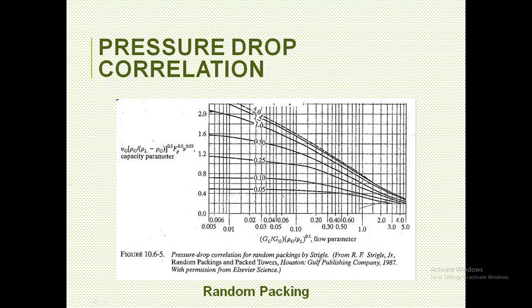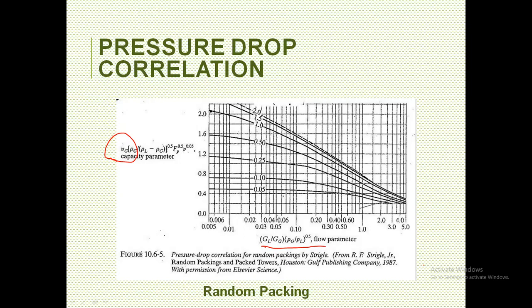For you to be able to know the very important linear velocity when your column is said to be flooded, you first need to determine the flow parameter. You can see here that your flow parameter needs the molar flow rate ratio of the liquid and the gas phases, and their densities. So you need to get the density of your liquid and vapor phases. This GL over GG can be taken from the given information in the problem because it has something to do with the flow rates.